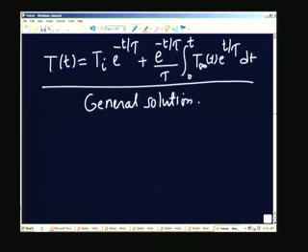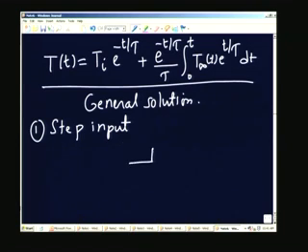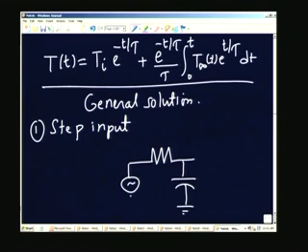The 3 different cases, if you recall, one will be a step input. I will explain this using the electrical analogy. You have resistance and then you have the capacitance, and you are going to connect it with a source, and you are going to measure the output here.